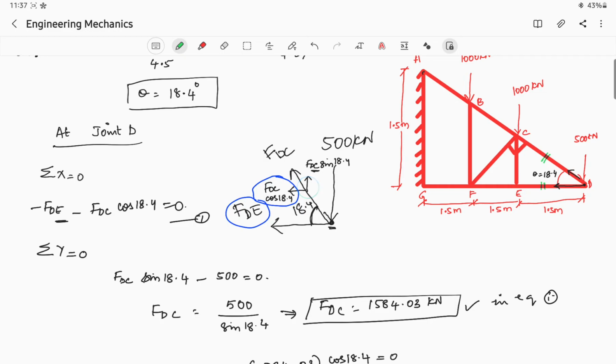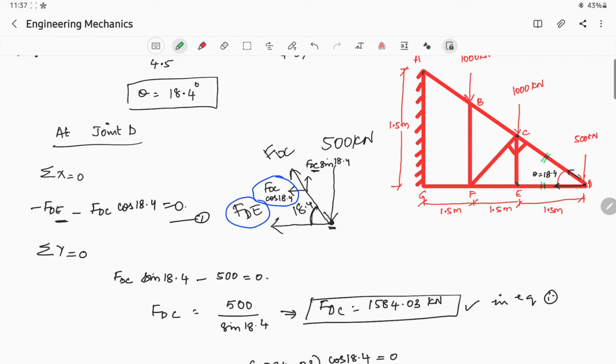Suppose for example, if I go for joint C now, from joint D, what happens here? We have three unknowns here: force in member CE, force in member CB, and force in member CF. To avoid that, we'll go for joint E.